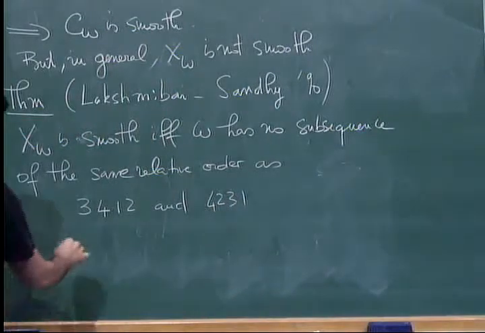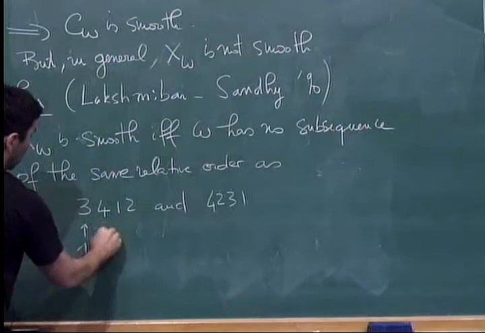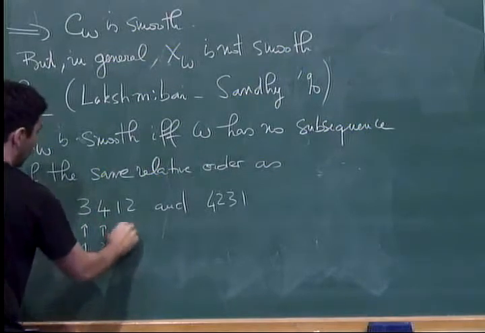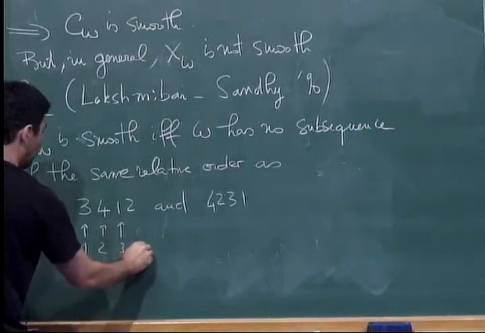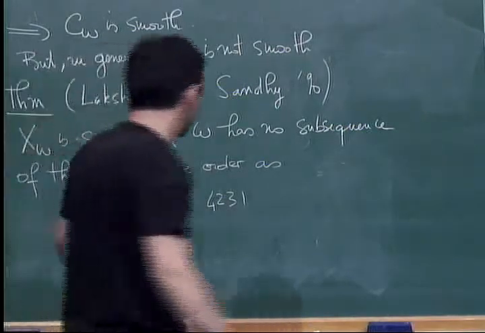So by this we mean 1 is mapped to 2, 2 to 4, 3 to 1 and 4 to 2. Okay, this is the notation for this permutation.